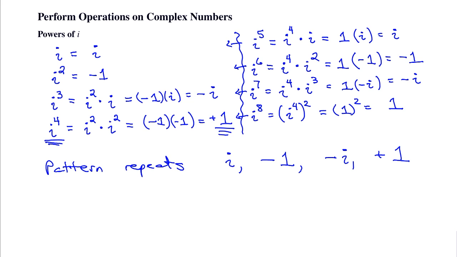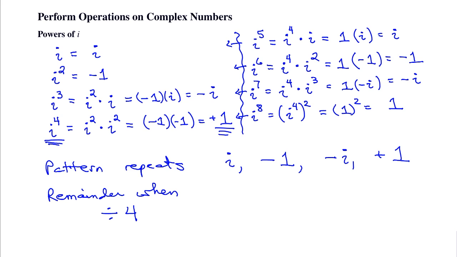Now, if we look for a simple way to figure out which i or 1 or -1 it's going to produce, all we need to do is look at the remainders when we divide the exponent by 4.